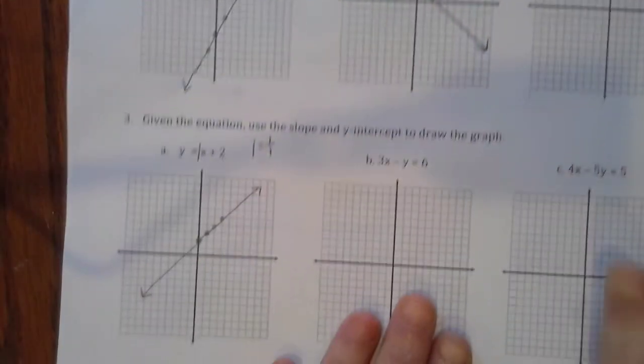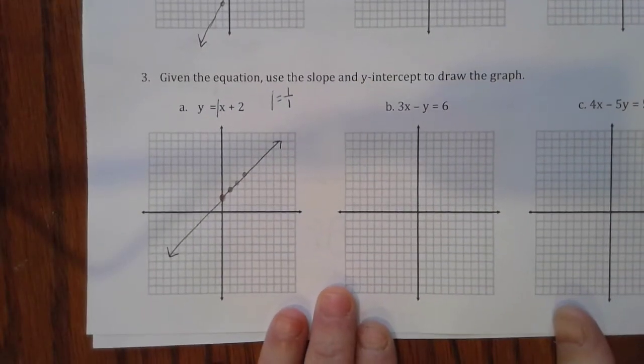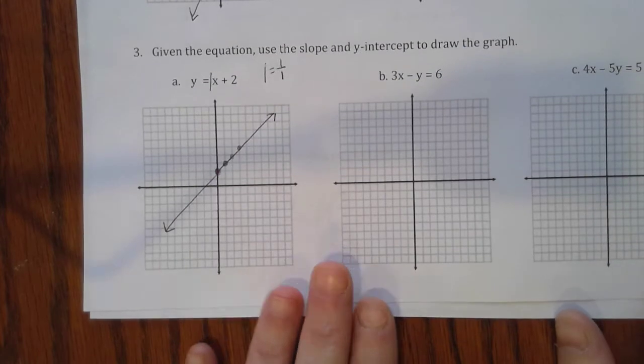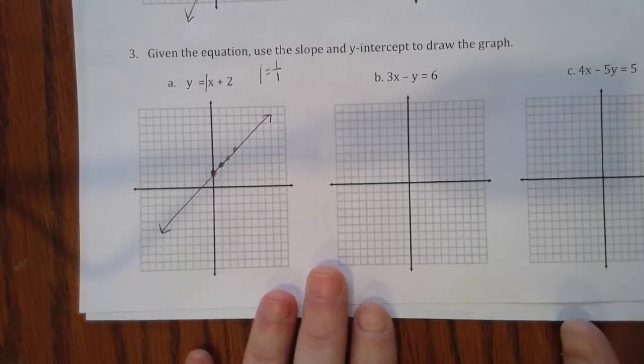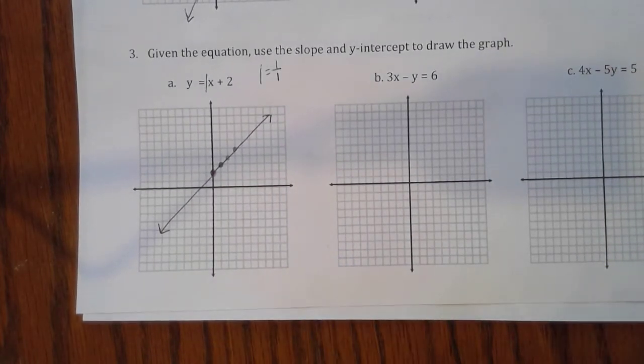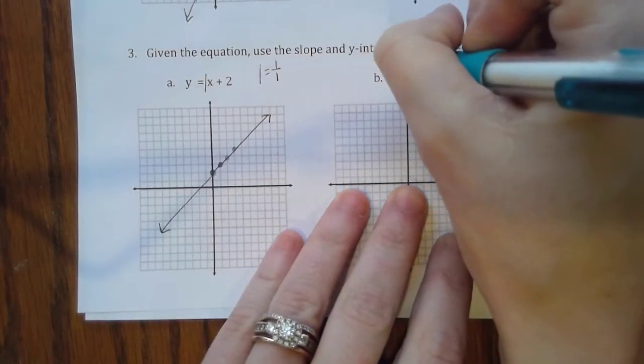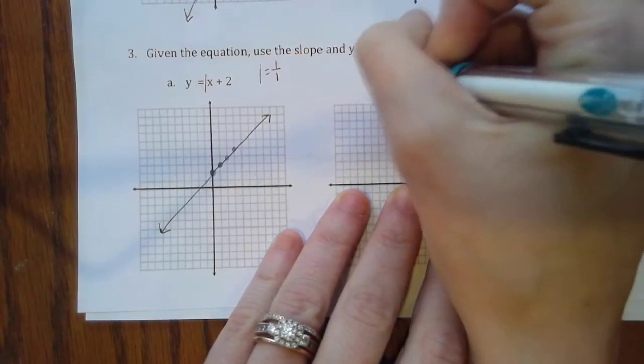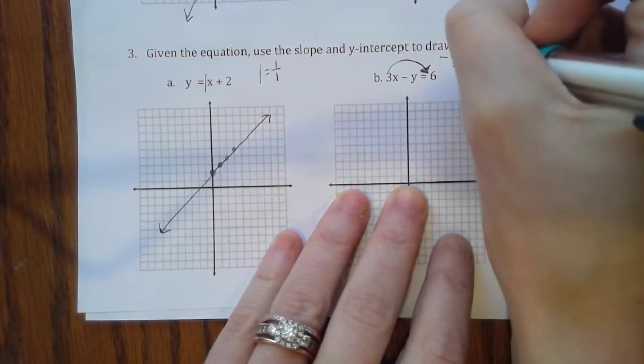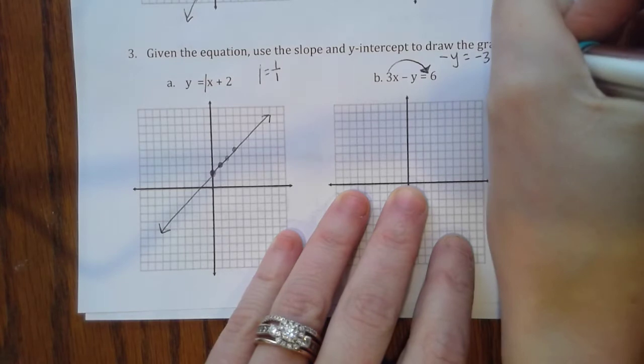Okay, let's go to 3b. So 3a was already in slope-intercept form. So we want to change b to slope-intercept form so we can actually see the slope and the y-intercept. So I'll just bring this 3x over here. What I have left is -y equals -3x plus 6.